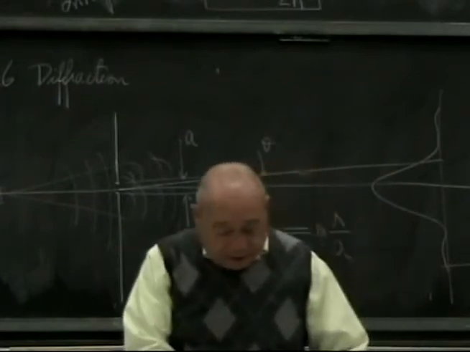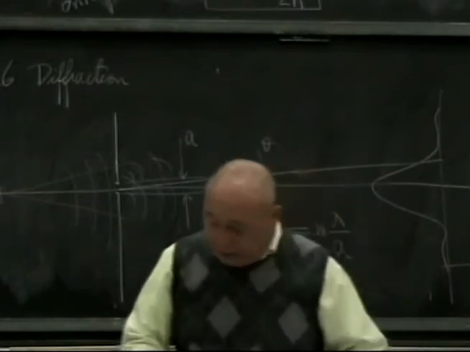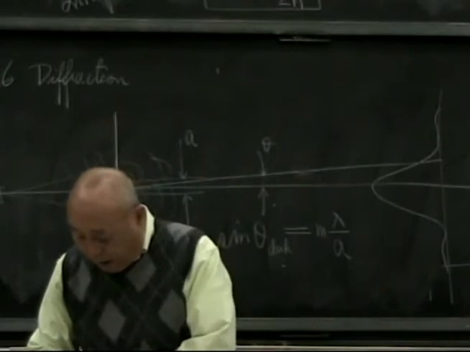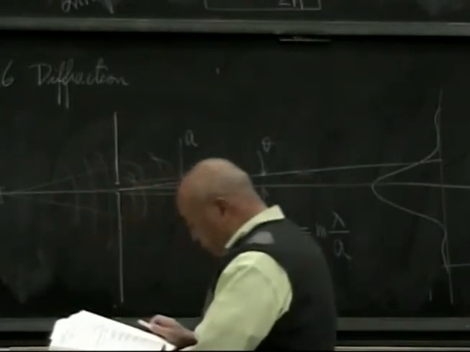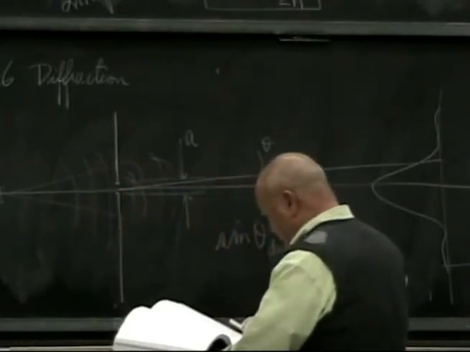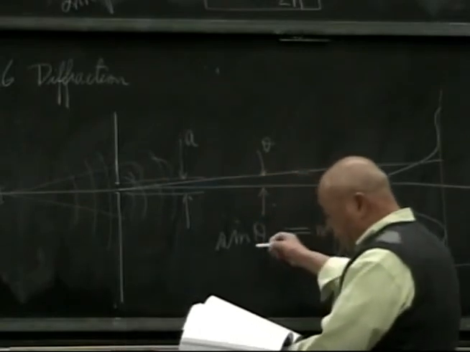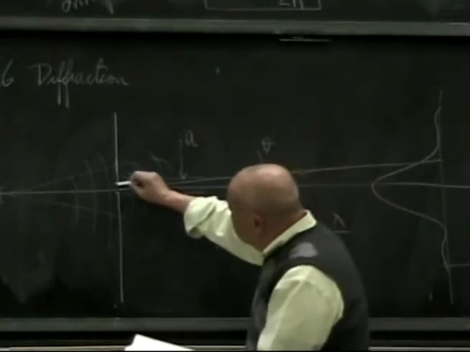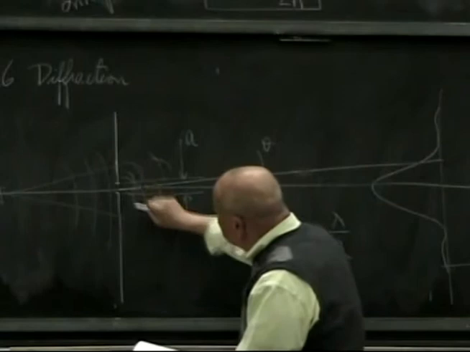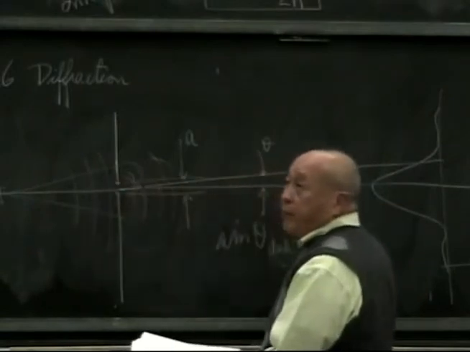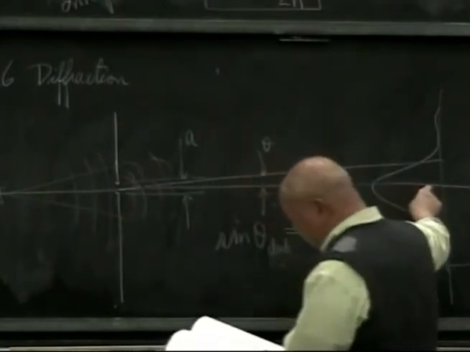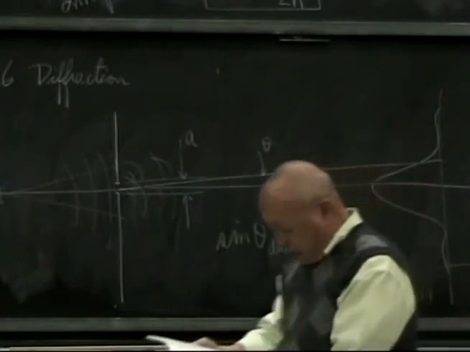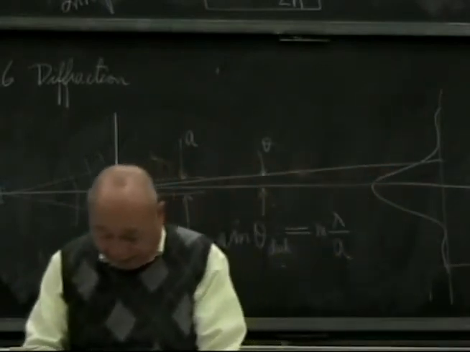What is diffraction from a light? It is because the light is being spread out like this. It doesn't go straight anymore. That phenomenon is called the diffraction pattern.